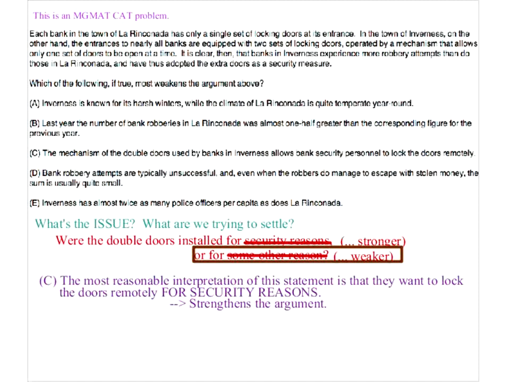Aha, choice A. Why choice A? What about weather? What's the connection there?